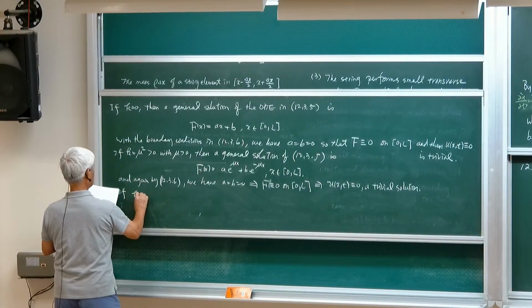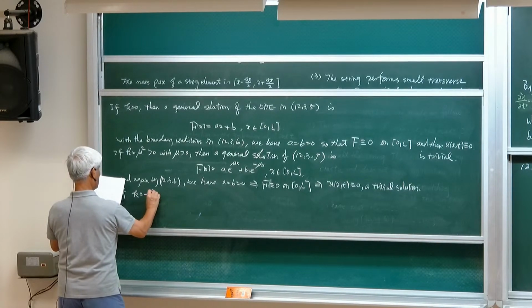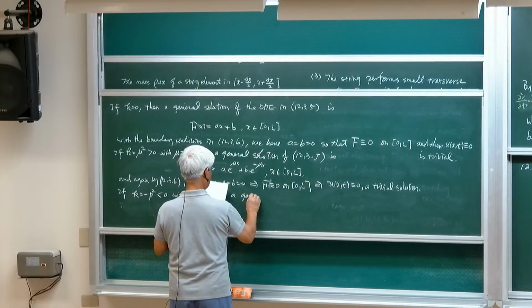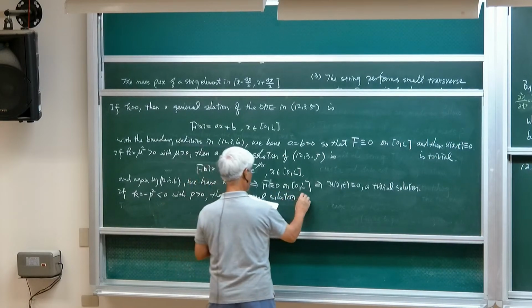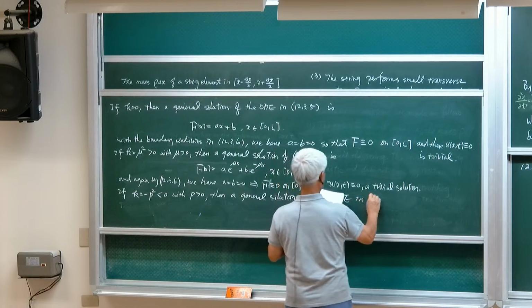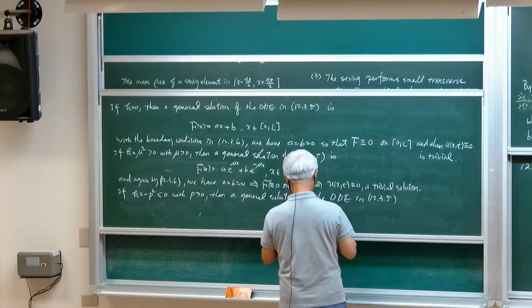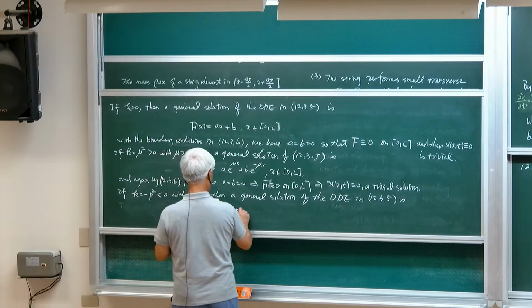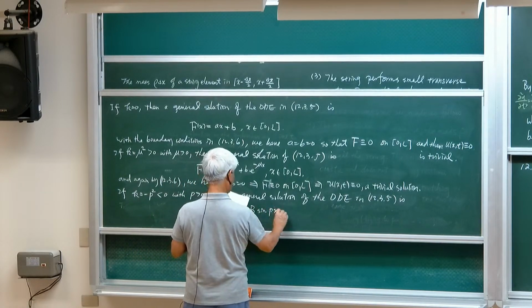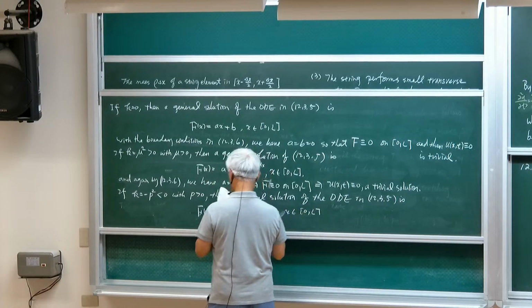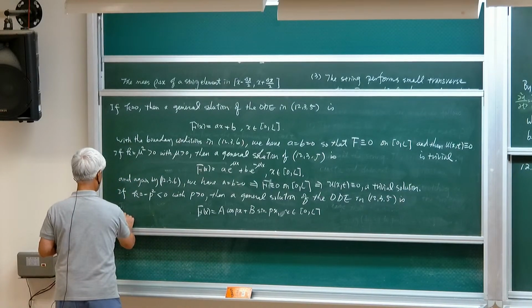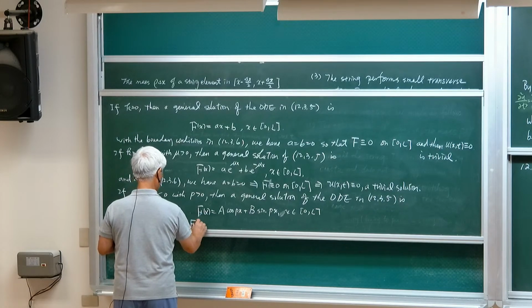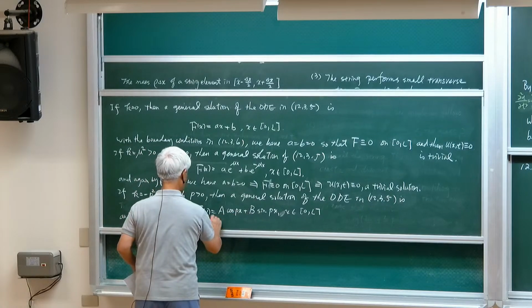Now the third case, if k is negative, then a general solution of the ODE in 2.3.5 is f of x equals a cosine px plus b sine px, for x in 0 to L. And by 2.3.6, first of all, f of 0 is 0, but f of 0 gives you a, so a must be 0.